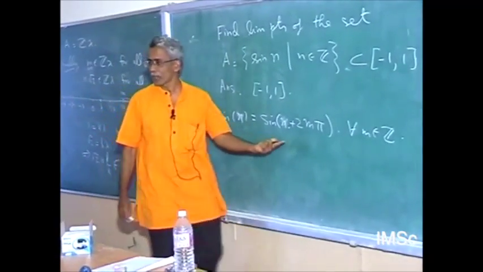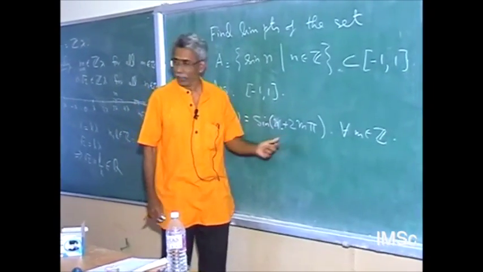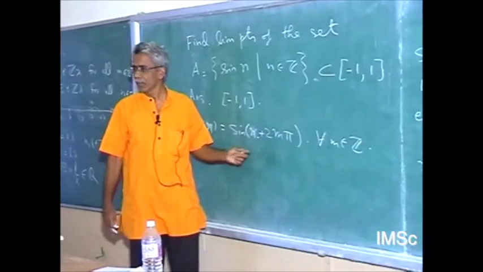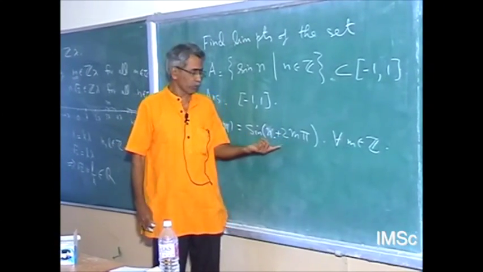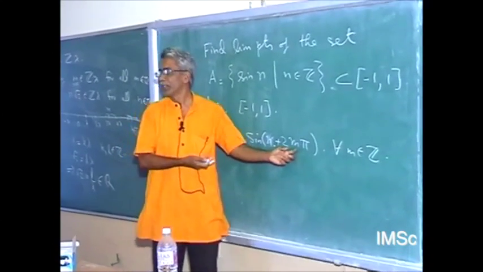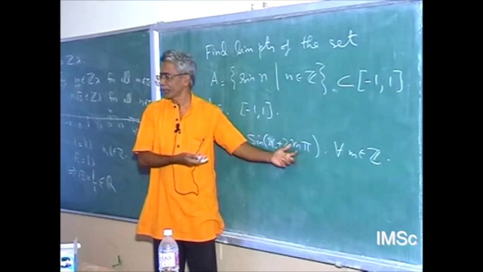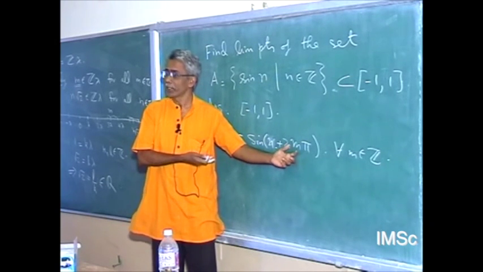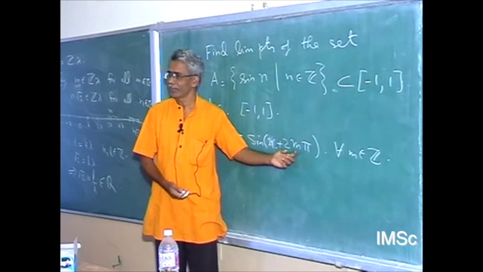Now this looks like the previous problem: n plus 2m pi, where n varies in integers, and m also varies in integers.